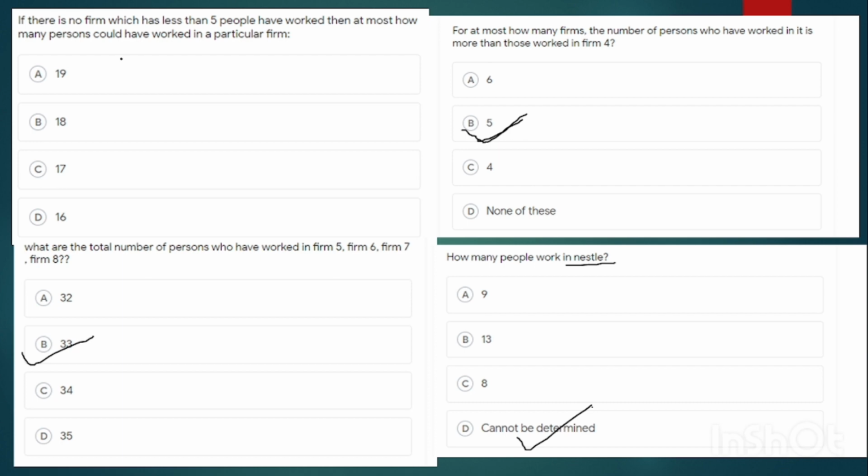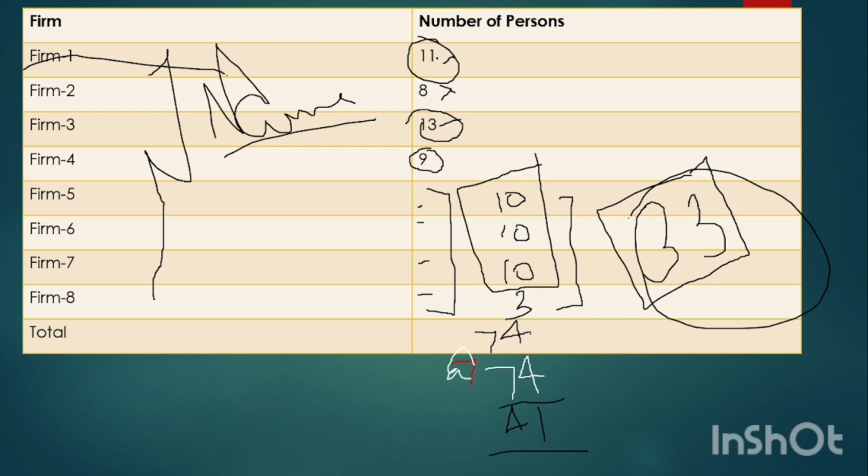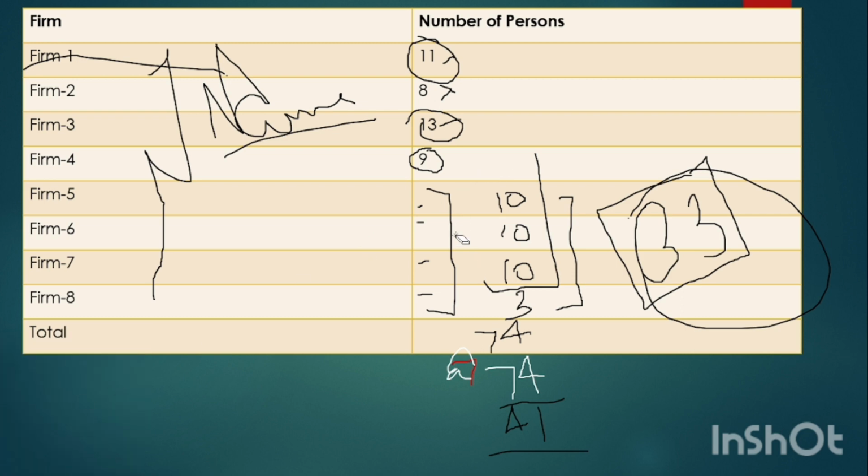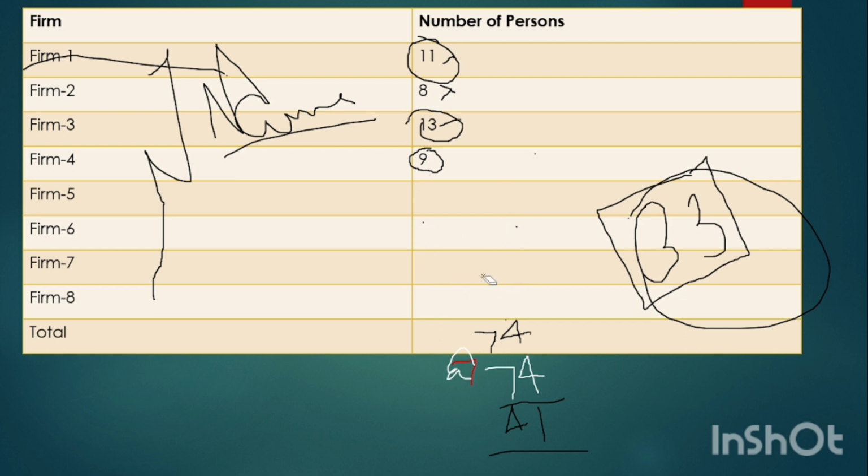So there are not less than 5 persons in any firm. See, 11, 8, 13, 9. We are given these values over here, and we have to find the maximum values. Okay, I'll remove all this.